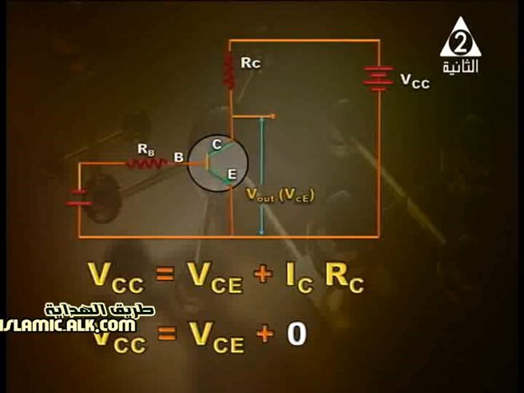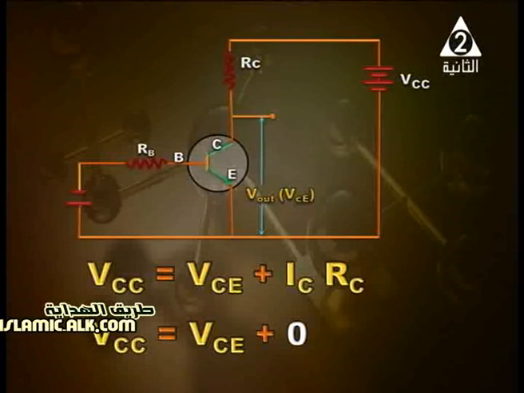The question is why? Once again, base current in this case is 0. When the base is connected to a negative potential, no current passes through it, and of course no current passes through the collector. So ICRC equals 0.